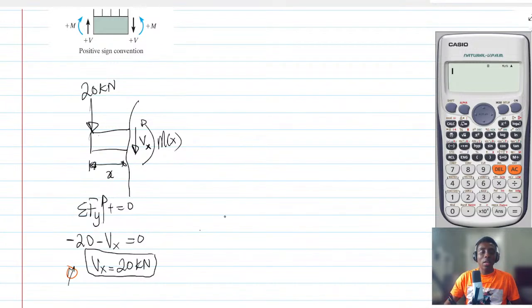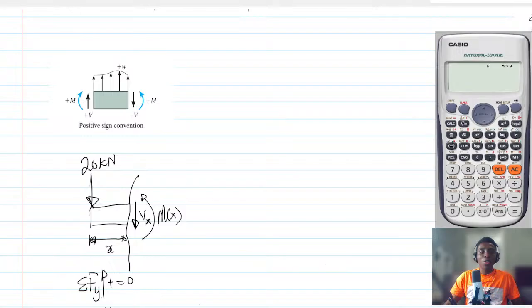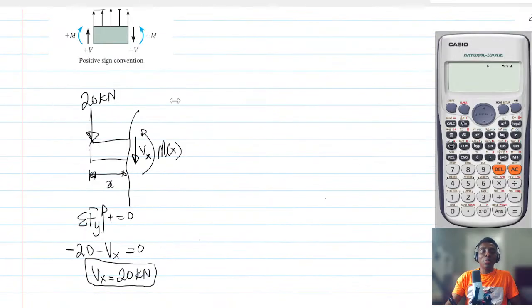So what happens is that Vx is 20. What does this mean?